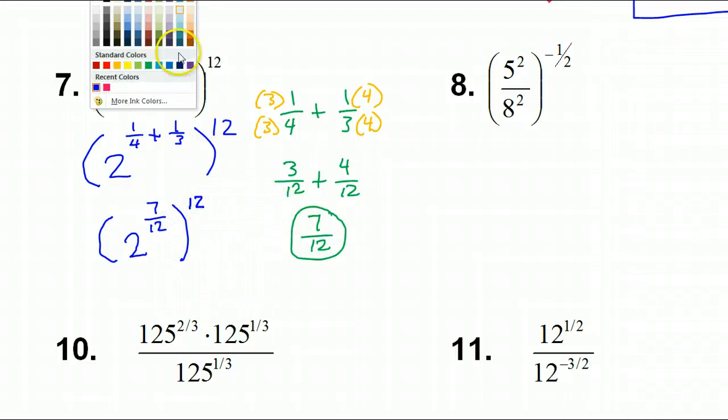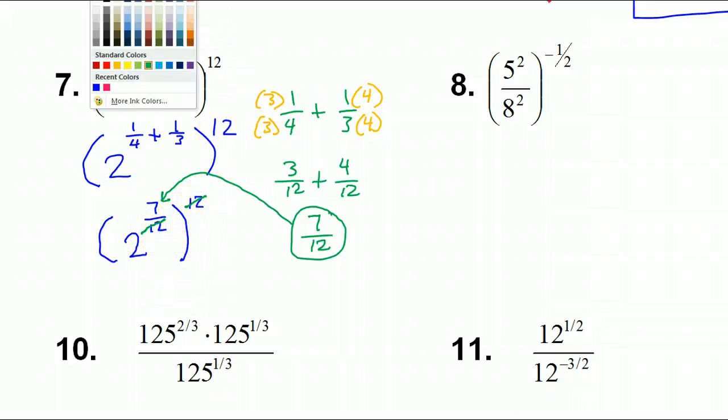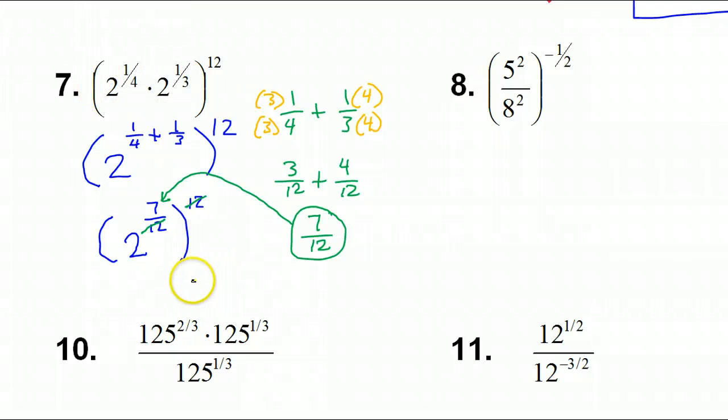So of course, that 7 over 12 in there came from this calculation. Now, the easiest thing to do, rather than multiplying 7 by 12 and then dividing, is just recognize that these 12s will just cancel out. This one's low, this one's high, they cancel. So this is going to be 2 to the 7th power.